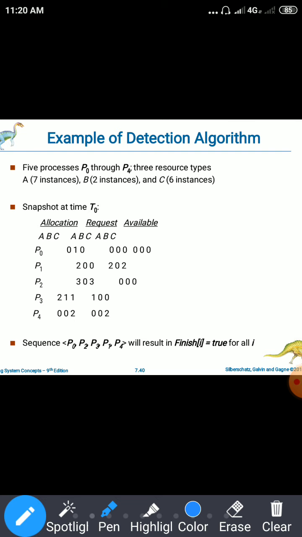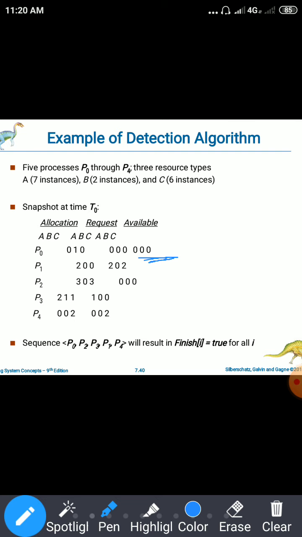But suppose any of the processes requests a new resource, because initially the need of P0 is 0. Similarly for P2 it is 0 0 0. If P0 needs any one resource type, then P0 will not be immediately granted. Why? The available is 0 0 0.